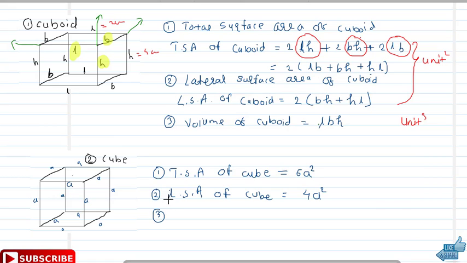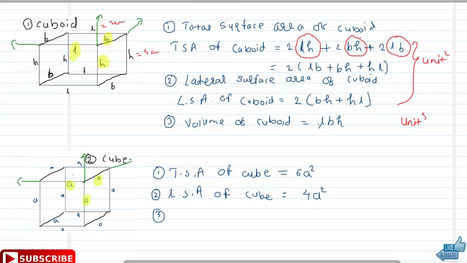Now see volume. If we talk about the volume of cuboid, it is LBH because it depends on the 3 variables. And if I talk about this cube, then we all know that it also depends on 3 values, but these 3 values are the same, that is A, this A, height A, and this one A. It means I can extend this cube in this direction, and also in this direction.